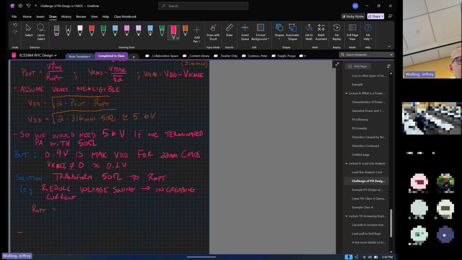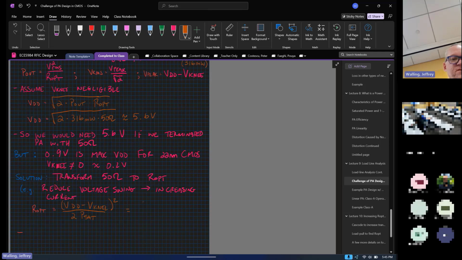All right, so we can calculate what our R-opt would be if we were using, say, our process that we've been talking about. So we can say R-opt is equal to (VDD minus VKNEE) squared over 2 times our desired saturated output power. Now remember, I'm still not adding in any margin for back off linearity, so this is still optimistic, but it'll prove the point.